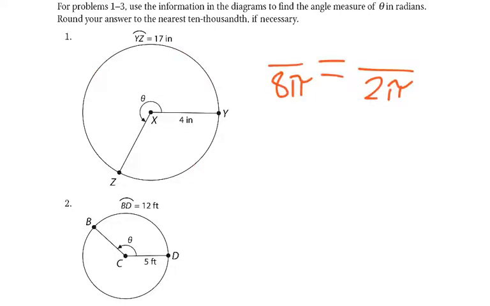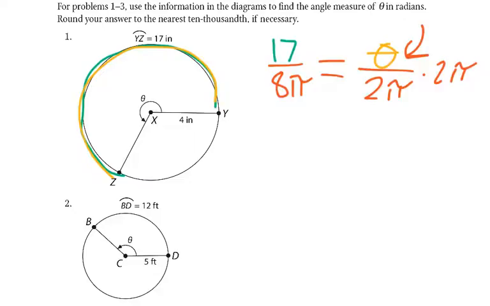So this right here is 17 inches, and in radians, we don't know what it is, we'd call it theta. So now we need to solve for theta. There are many different ways that we can do this. I would multiply by 2 pi. You could cross multiply here, but I think just multiplying by 2 pi would be a little easier.